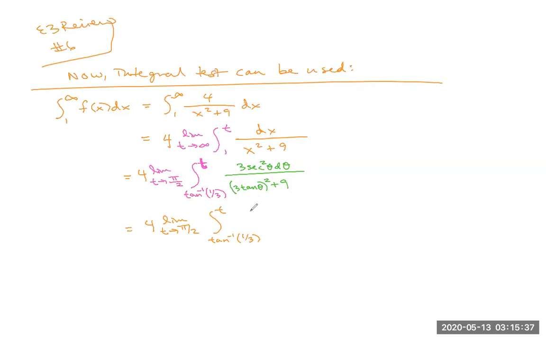All right, so now we are going to manipulate this a bit. So keep this part in green. We have 3 secant squared theta d theta divided by 9 tangent squared theta plus 9. Factor a 9 out here.